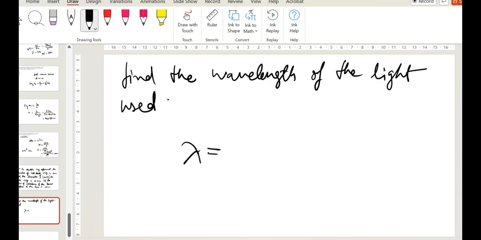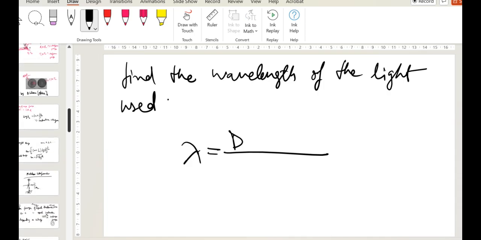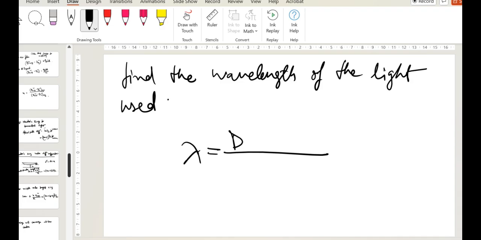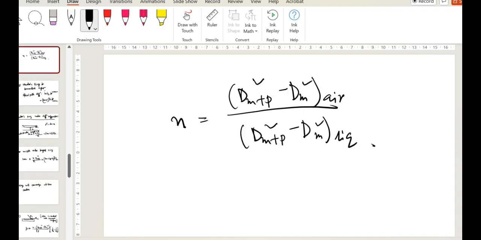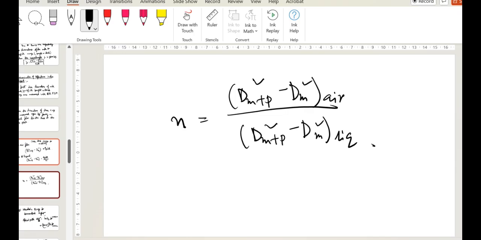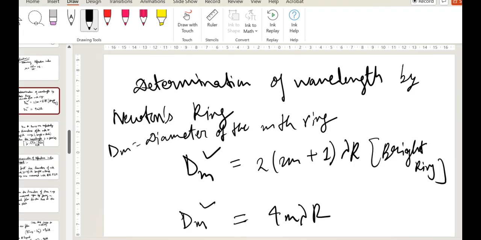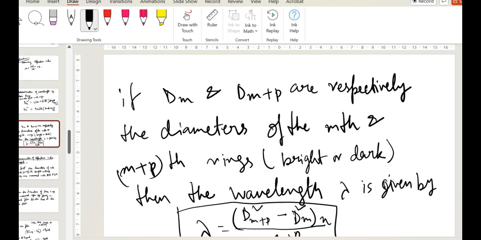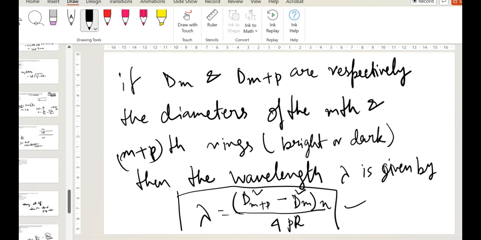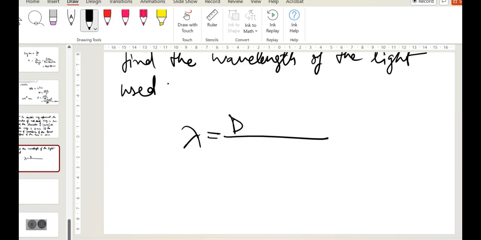So we know lambda is basically, what I have proved here also. So if you do the calculation with any of the rings, bright or dark, you will get that equation. Now we are using that equation only in this slide.